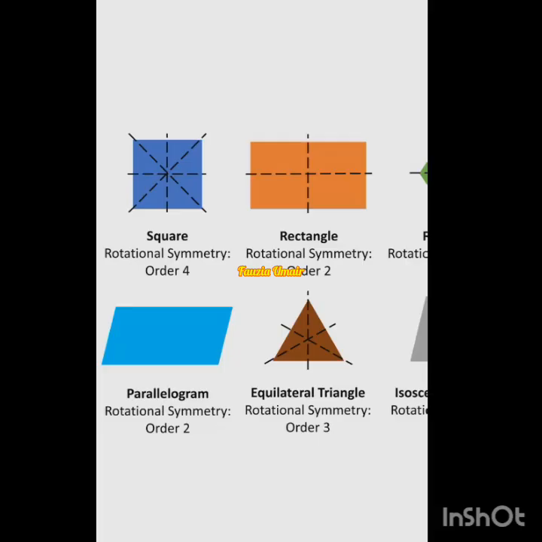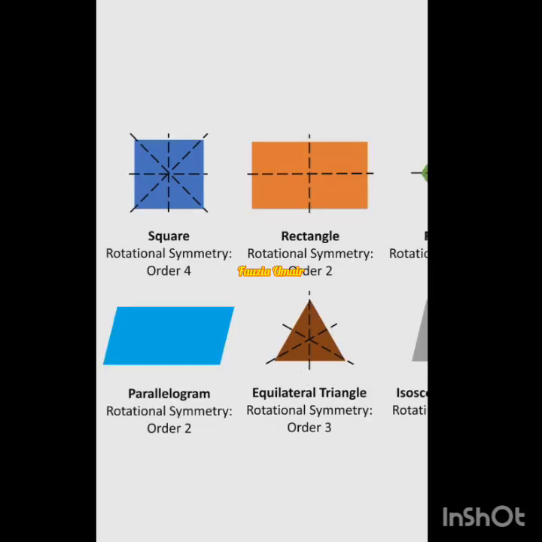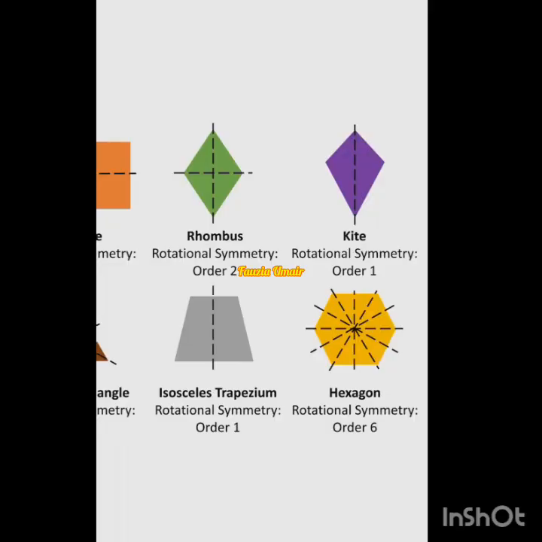And the rotational symmetry is two. So what about an equilateral triangle? Rotational symmetry is three, and the lines of symmetry are also three. Very good. So what about a rhombus?